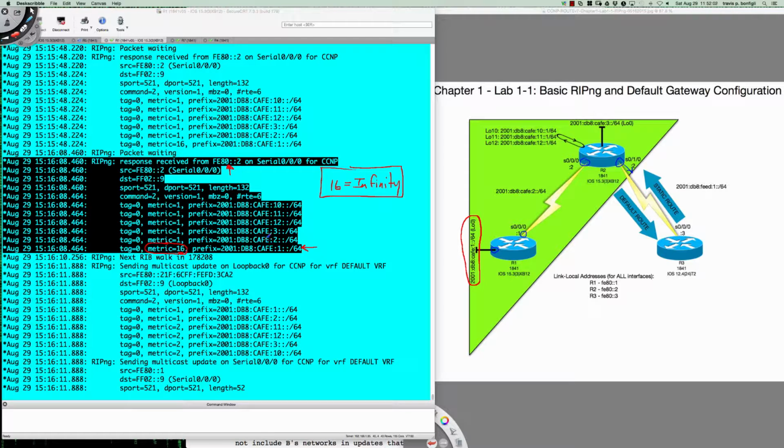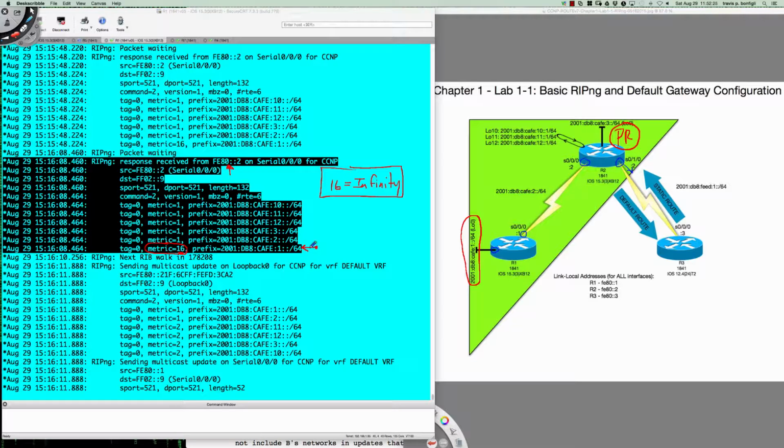Now, remember, we've turned poison reverse on. So poison reverse is on at router 2. What router 2 is going to do now, with poison reverse, is not suppress sending this advertisement which he is learning from router 1.